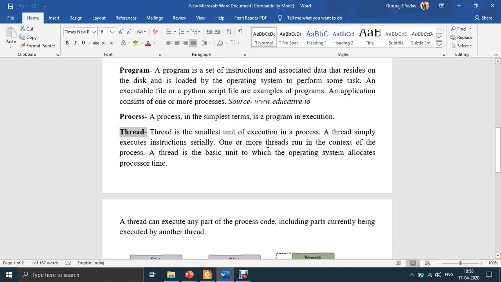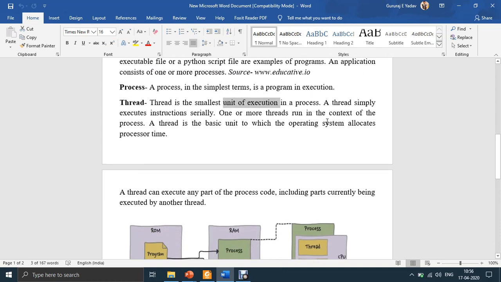What is a cell? It is the basic unit of life. In a program you can have multiple processes, just as in a human being you can have multiple organs, and in the organs you have cells. So a cell is nothing but a thread. A thread is the basic unit of execution.